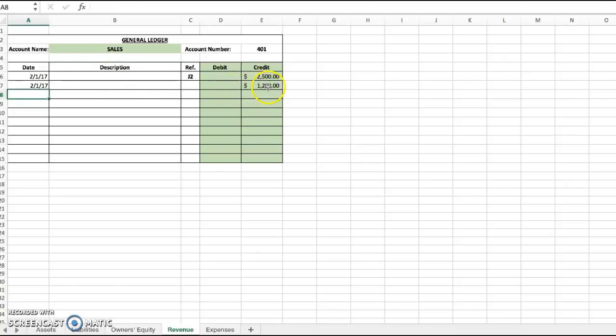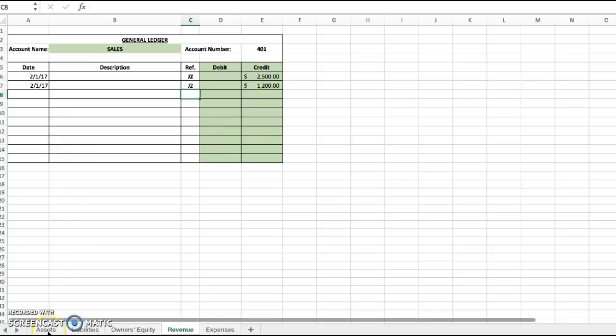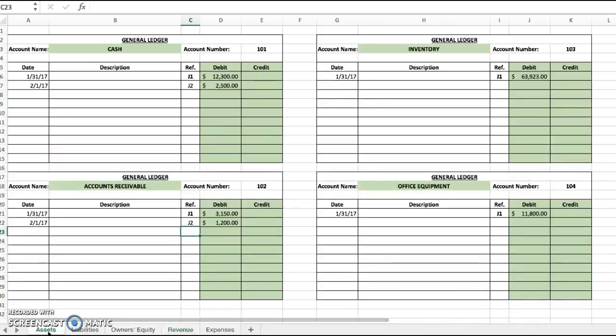We increased sales by 1,200, and we will again put in J2 for the journal page. Okay, and that's simple enough. This will tell me if I want to do some quick addition. That day of February 1, we made total sales of what? $3,700. Okay, some of it was cash, some of it was on account.